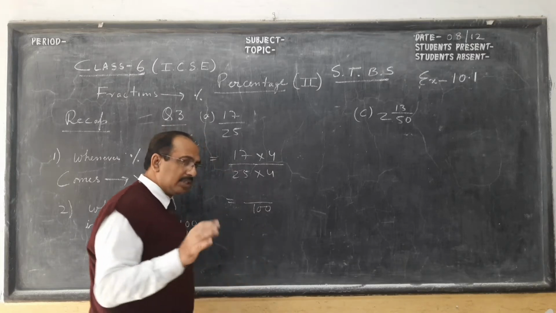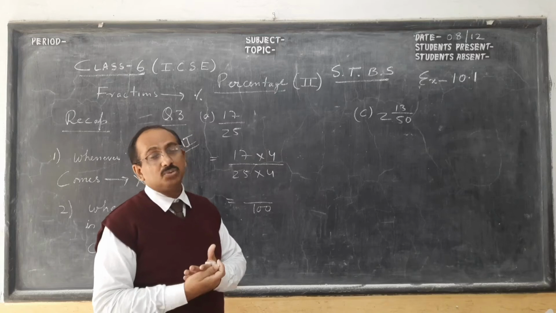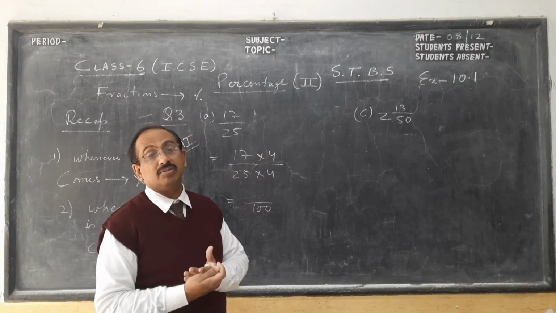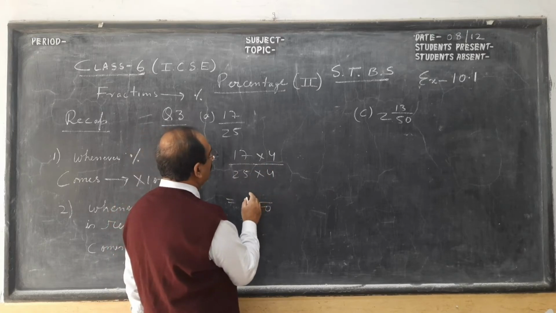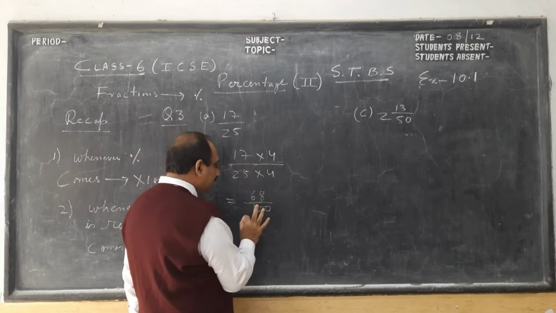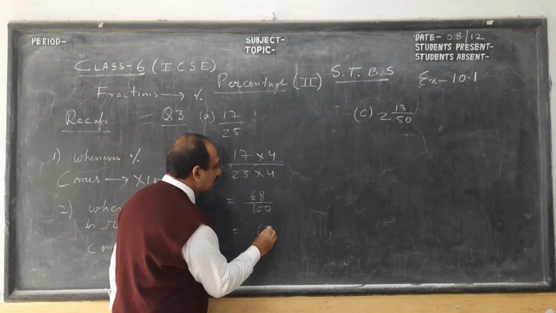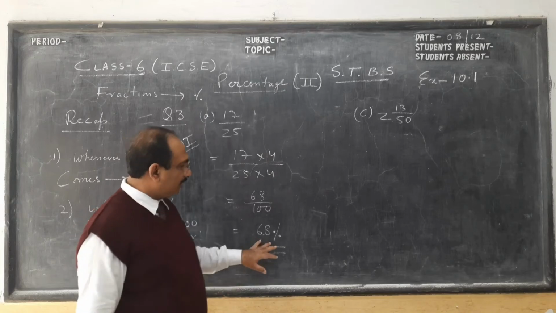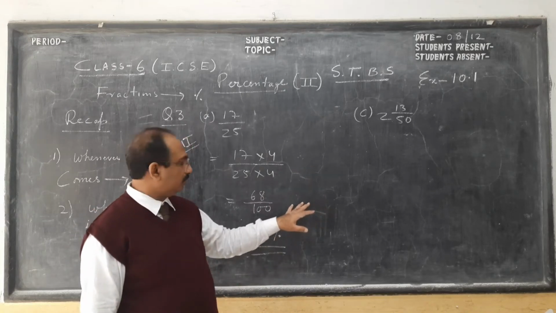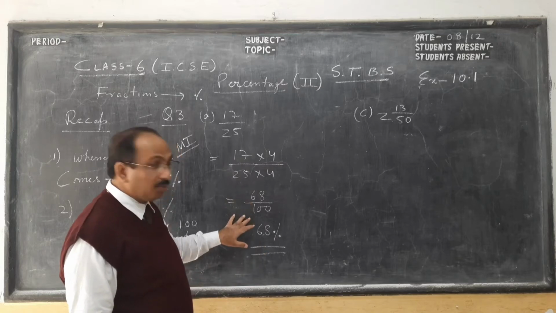If you have seen the part 1 video, you must see that nicely, maybe 2-3 times, because many things we miss out when we see it for the first time. So 17 fours are 68. This is nothing but 68%. Try to understand this when I use the formula in method 2. 68% means 68 out of 100.